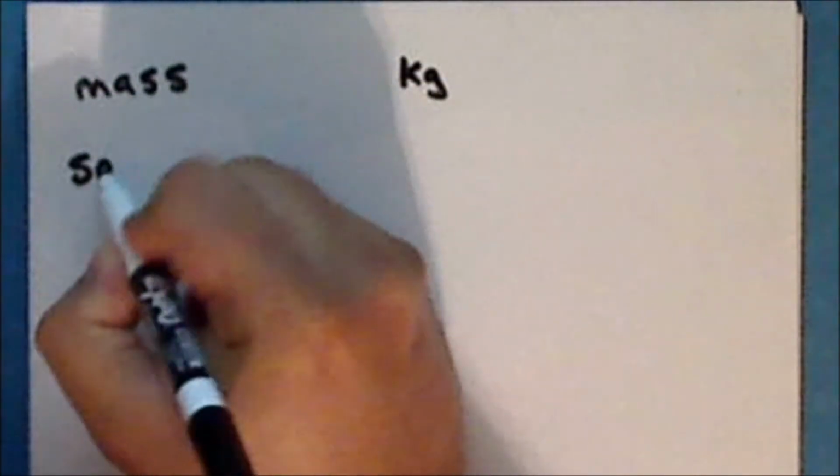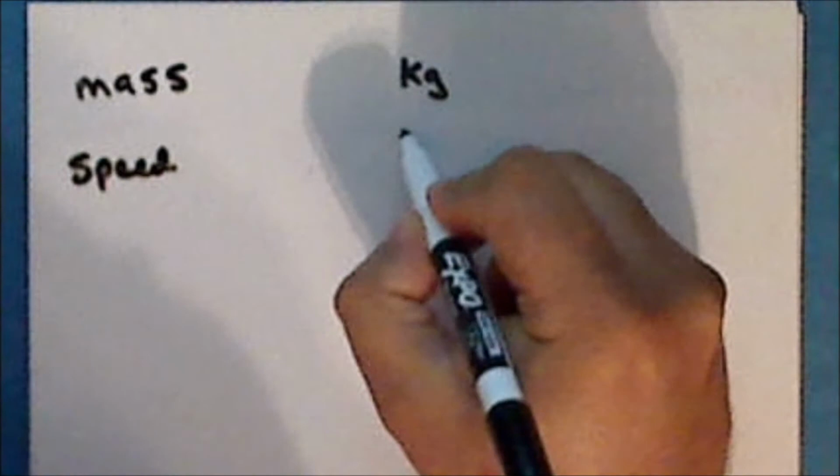So let's quickly look at the units for kinetic energy. The standard unit for mass is the kilogram. The standard unit for speed is meters per second.